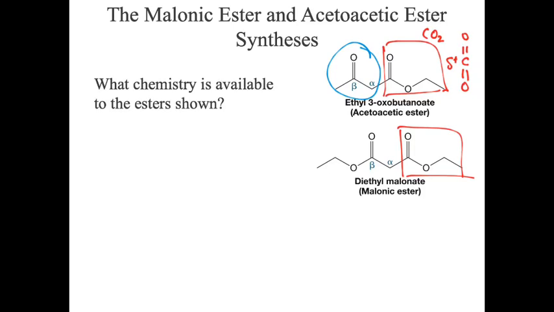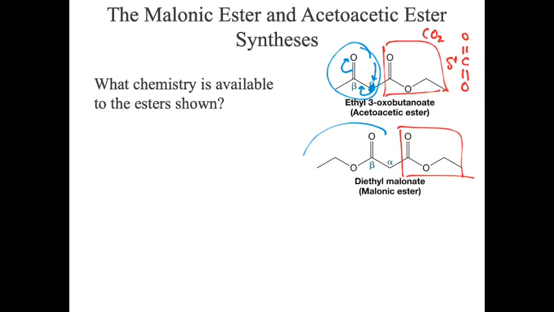Which means what charge does that carbon have to be? Negative. I can't have a negative carbon though, right? What if it is resonance stabilized through an enolate? The decarboxylation works because of that resonance stabilization with the carbonyl.